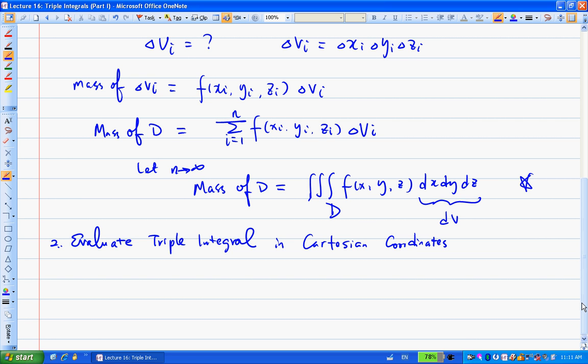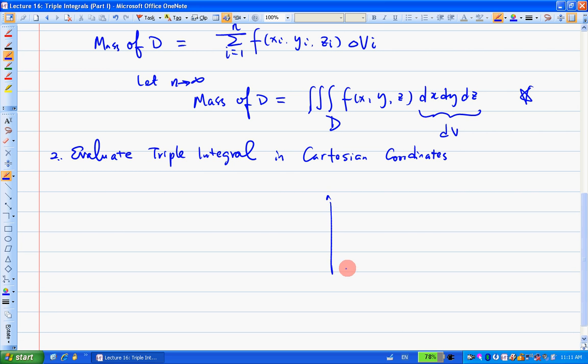All right, so here's what I'm going to do. I'm going to draw some sort of arbitrary region, and then we'll go over the steps of evaluating the triple integral. Let's move out a little here. Essentially, the number one step is to sketch this region D. You might be given certain functions, but the first thing is to sketch this region D first.